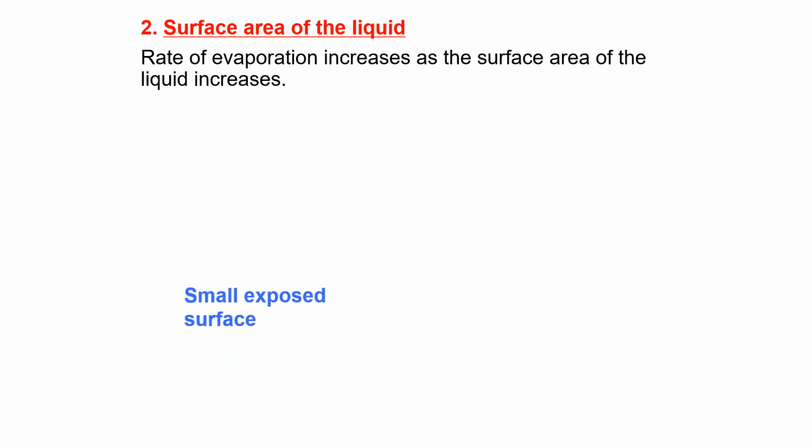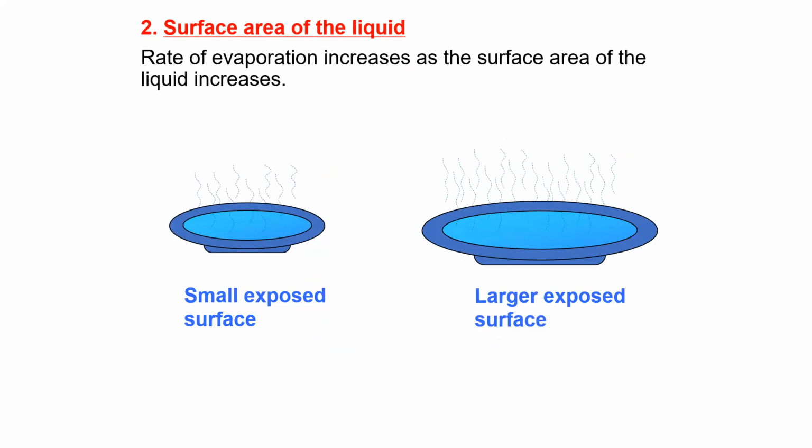It also depends on the surface area. With a large surface area, more particles are exposed, so that's why it will have a greater rate of evaporation. Like here, for example, only 4 particles are exposed to the surrounding, but when we have a large area, more particles are exposed.